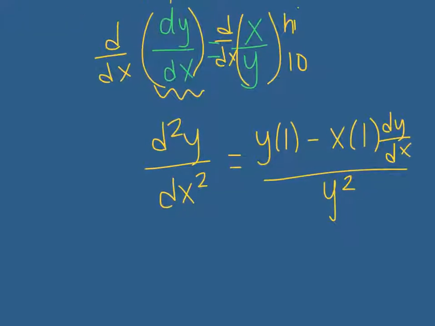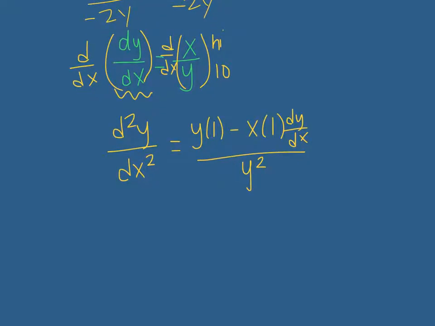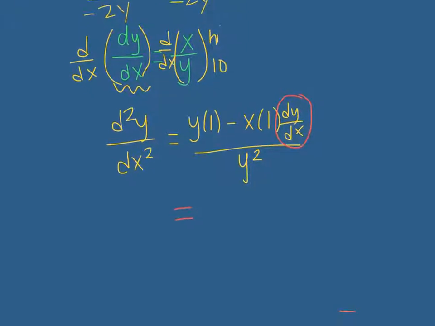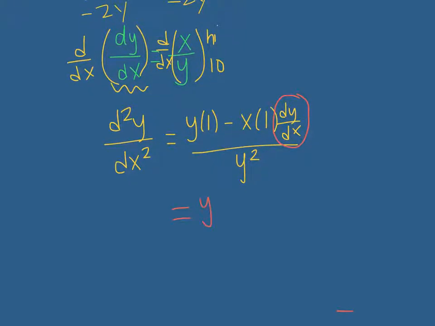So the thing is, if I'm trying to find the second derivative, I need to plug in what I know about that term right there, that dy/dx. Remember, that actually is negative x over y. So I'm going to have y minus, and so in here I'm going to plug in negative x over y.